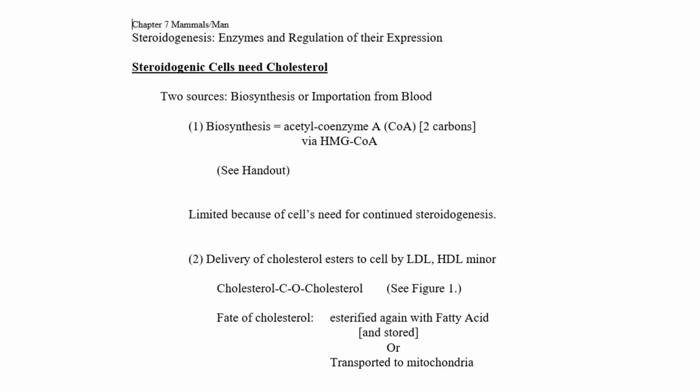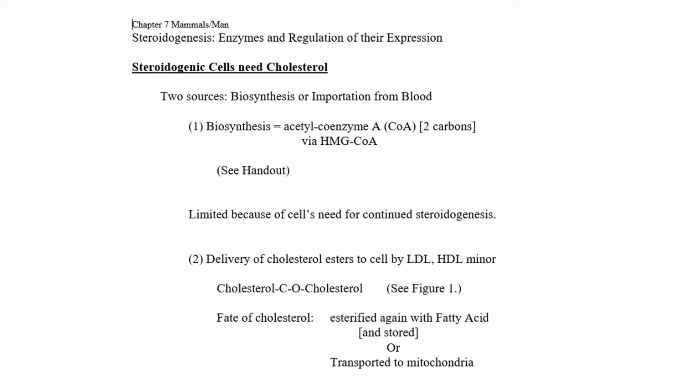Alright, so once again, what are the 2 sources of cholesterol needed for steroid biosynthesis? Well, we can either make it from acetyl-CoA, or we can get it from our diet, and it's carried in our blood, also stored in the liver. So what we don't take up can be stored in the liver also, and the liver can release it.